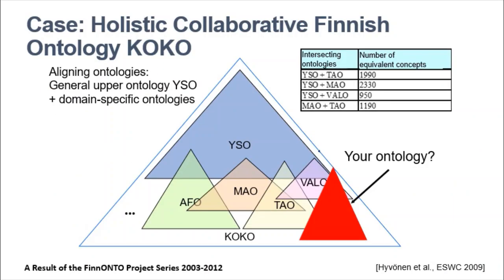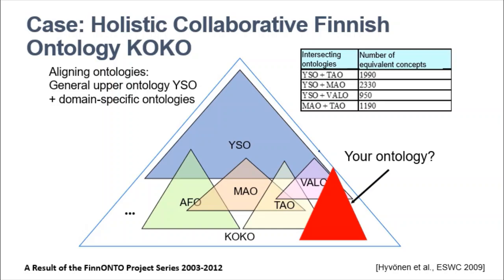If we have a closer look at the different ontologies, we can see that they are organized in a kind of hierarchical way. We have a very big top ontology, the ISO ontology of general terms by the National Library, and the other ontologies, for example, the AFO ontology for agroforestry and MAO ontology for museum domain, refine the concepts that are already defined on an upper level in the ISO ontology.